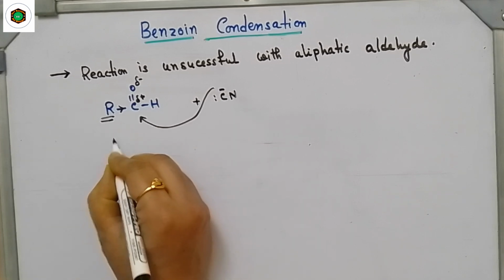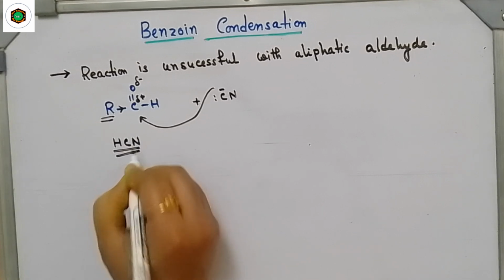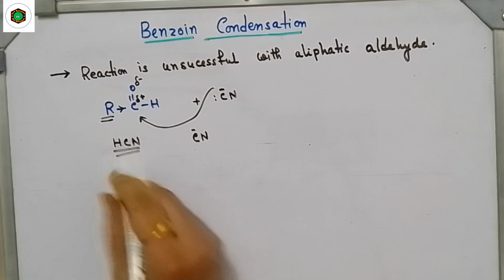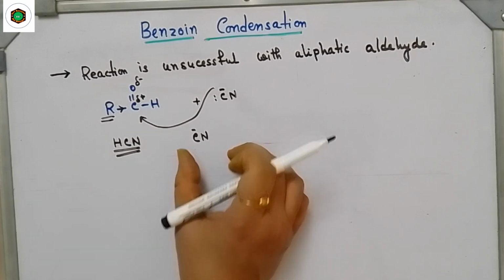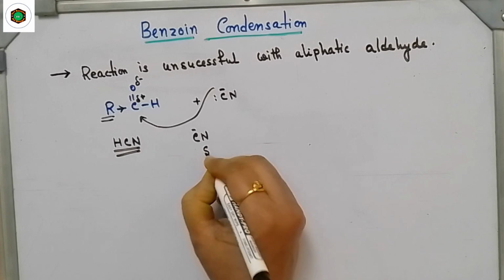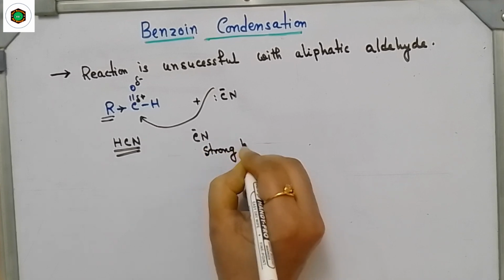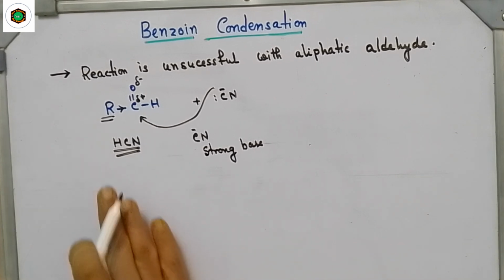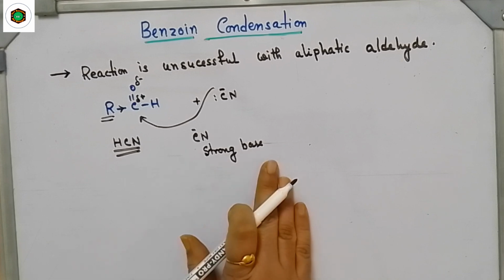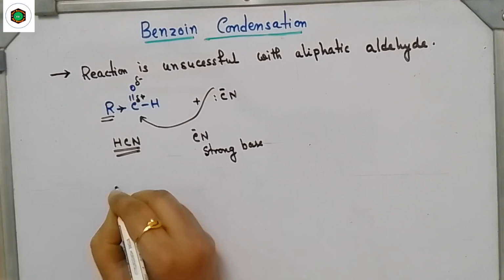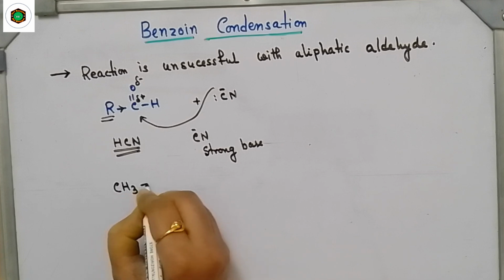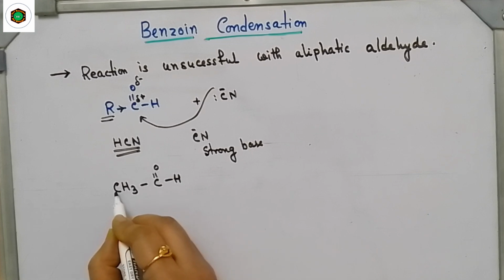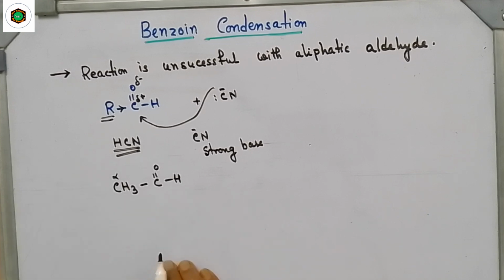Another thing, you know HCN is a weak acid. Therefore, by removal of H plus we get its conjugate base, cyanide, and cyanide is a strong base, because HCN is a weak acid. Therefore, its conjugate base cyanide is strongly basic. So, suppose you have an aliphatic aldehyde with alpha hydrogen. With respect to this CHO, this carbon is alpha, and these hydrogens are alpha hydrogens.